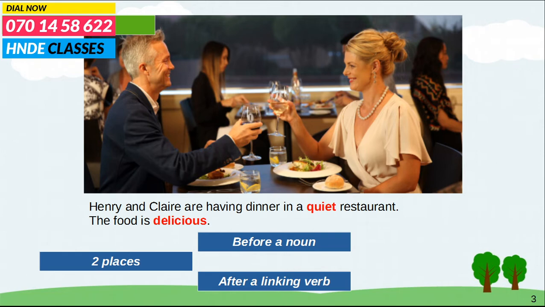What is an object? An object is whatever receives the action stated in the verb. An object is whatever receives the action performed by the subject of the sentence.